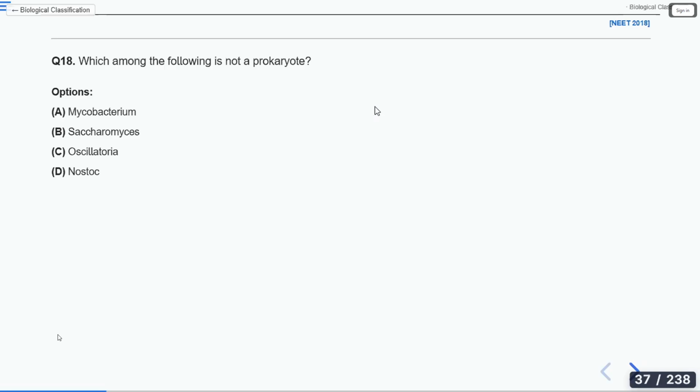Which among the following is not a prokaryote? Mycobacterium, Saccharomyces, Oscillatoria, Nostoc. Someone wants me to explain the previous question.